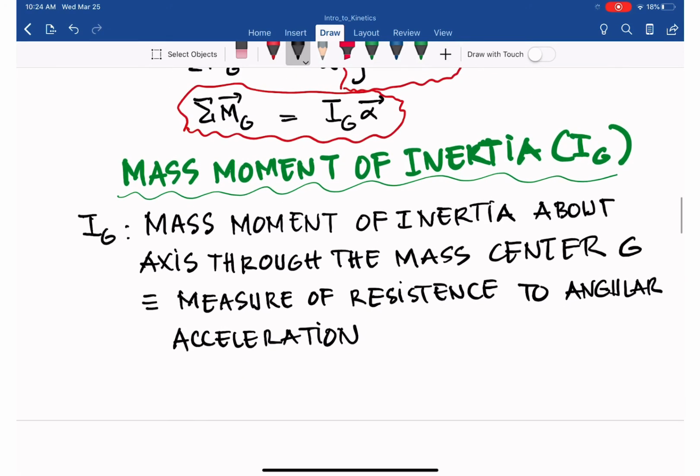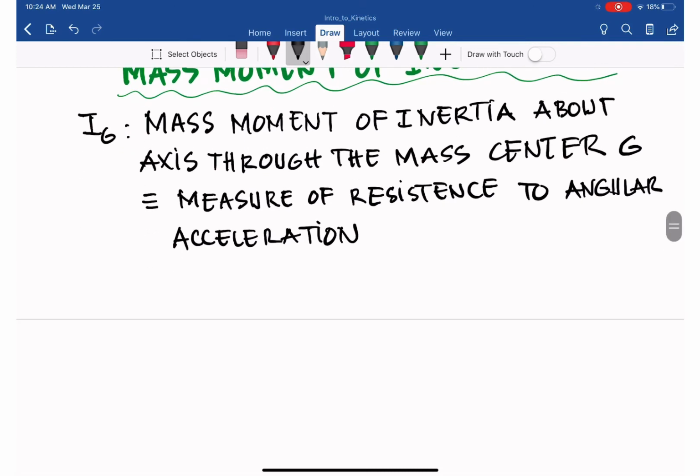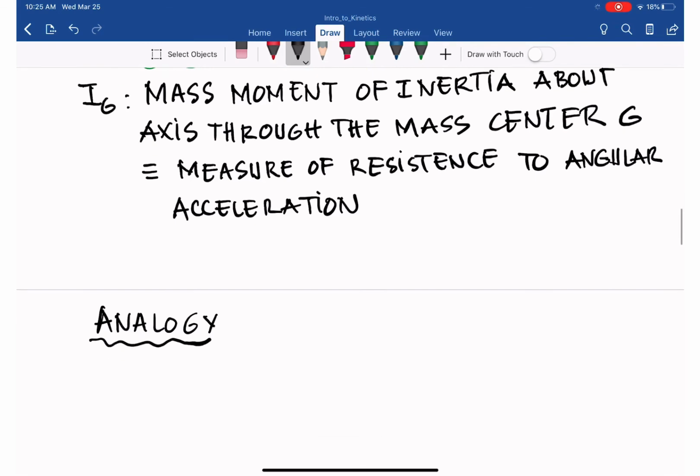So as you can see, the analogy in those two, F equal to ma, and let's write down here, we have the analogy, a very important concept. If we talk about translation, we have F equal to m ag about the center of mass. And now if we talk about rotation, we talk about the moment: Mg about the center of mass equals Ig alpha. And what is the unit of Ig? That will depend on the system.